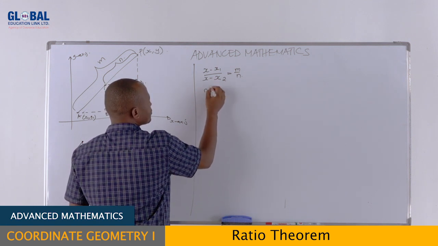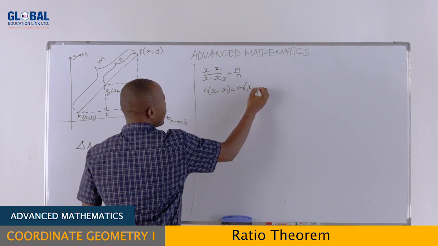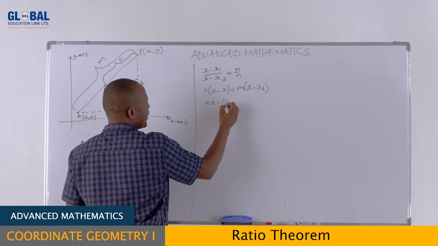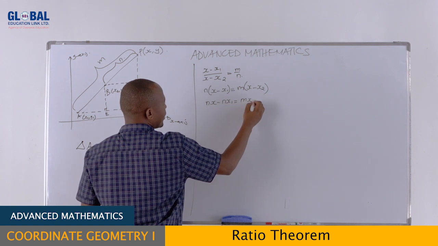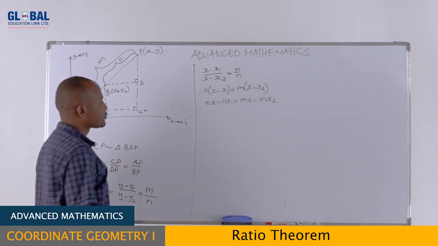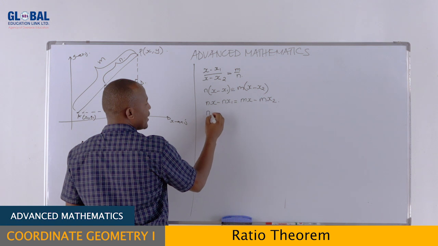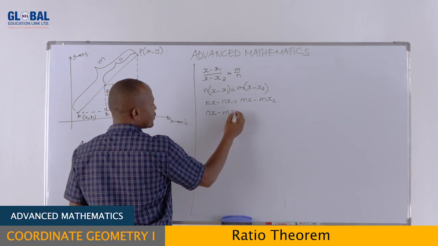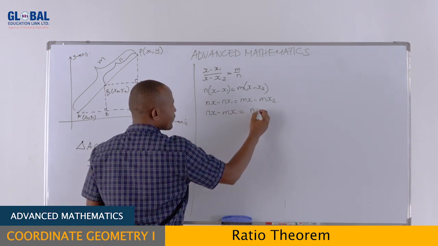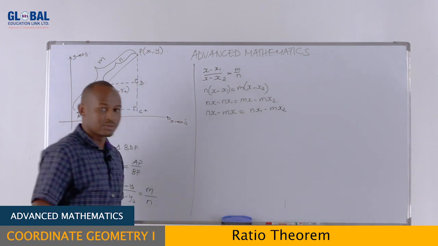We have NX minus NX1 equals to MX minus MX2. Collecting like terms, this comes to that side, we are going to have NX minus MX equals to this going to that side, we are going to have NX1 minus MX2.